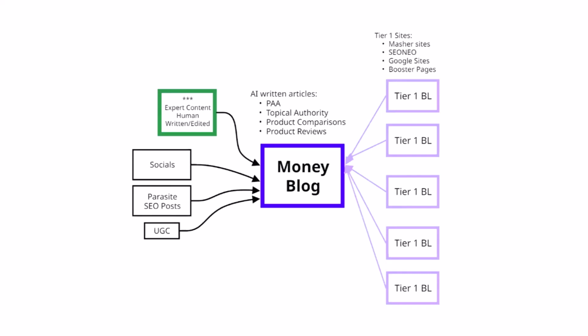They're all on Cloudflare hosting services through our own servers, so we have a lot of different Cloudflare DNS. What that means to you is Google sees these as completely different sites. You can have 10 Masher sites on 10 different Cloudflares, and Google sees it as 10 different people, 10 different companies sending traffic back to the site.